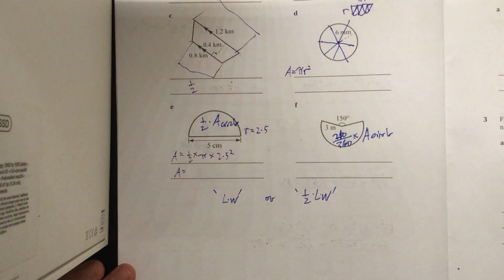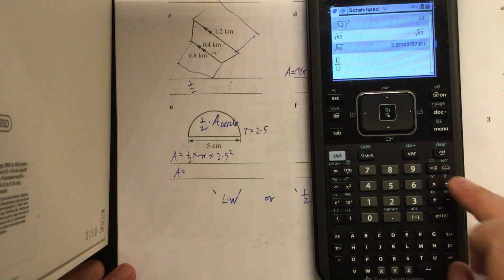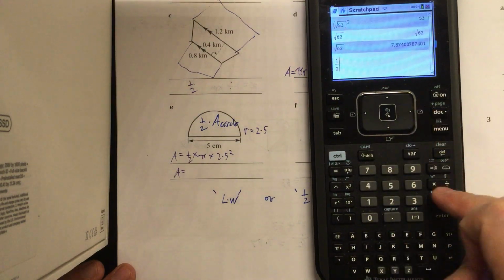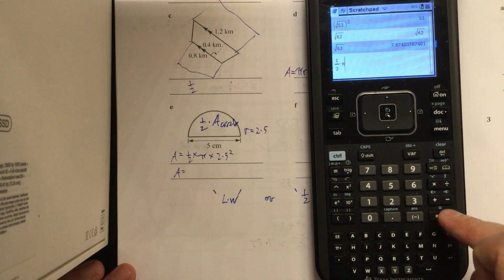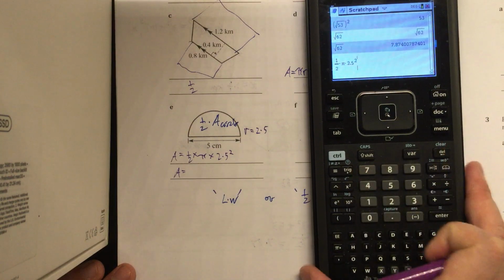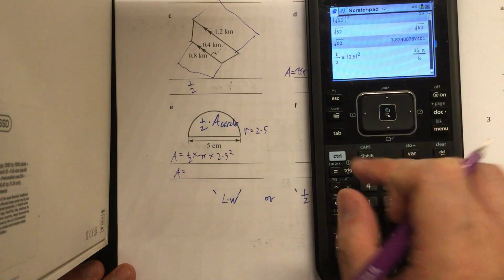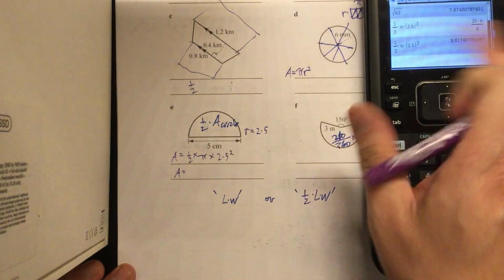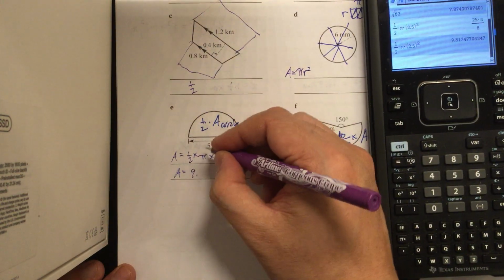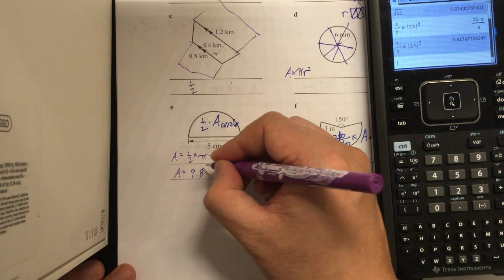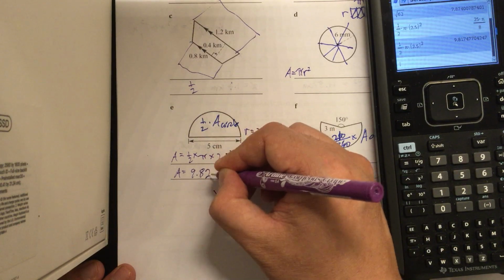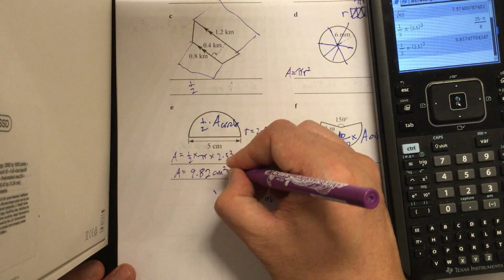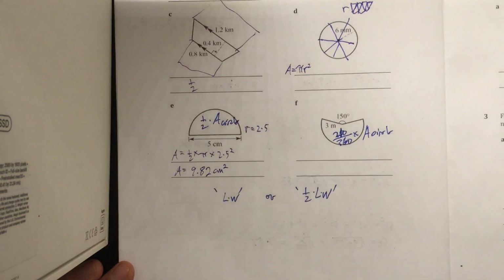Why? Because it's half a circle. So it's half times pi times 2.5 squared. Now you get 25 pi over whatever. You simply control enter. You get 9.8, to how many decimals? To 2 decimal places. 9.82 cm squared. Remember to write cm squared.